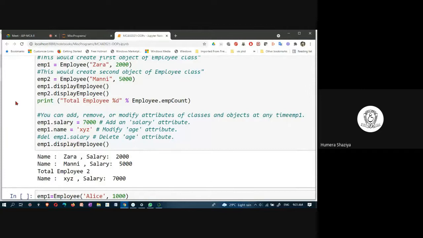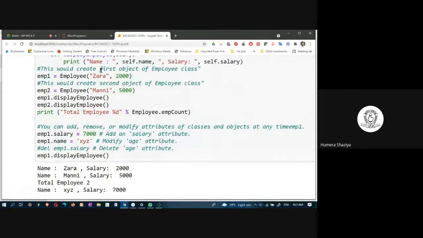Initially, emp1 was created with the name and salary, which got printed as it is. emp2 is also created with name and salary, which got printed as it is. Total employees are printed by calling emp count.